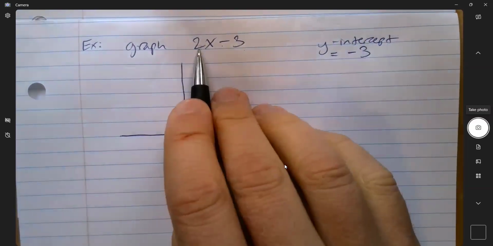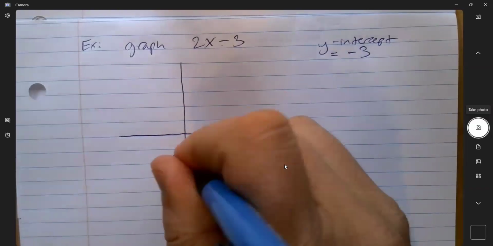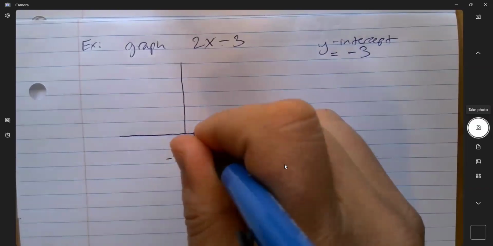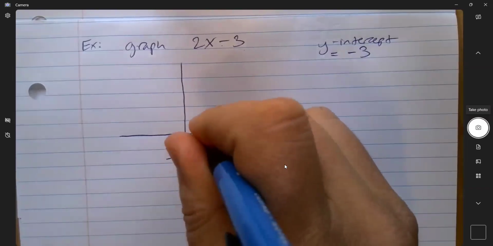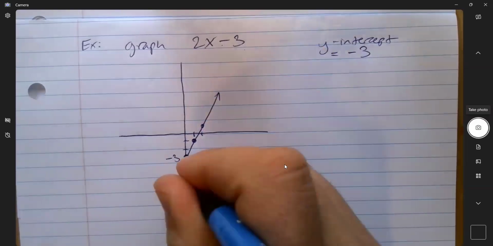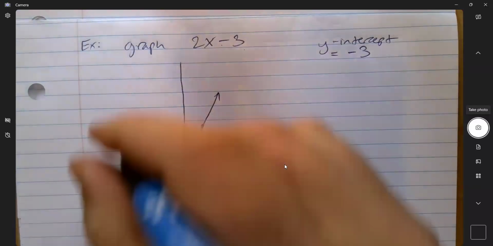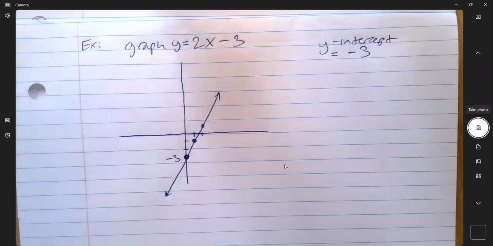And then to graph the line, the 2 is the slope, and it says if x goes up by 1, then y goes up by 2. And if x goes up by 1 again, y goes up by 2 again. And then we just graph our line just like that. Not a lot more to say about that one. I should have said y equals 2x plus 3.